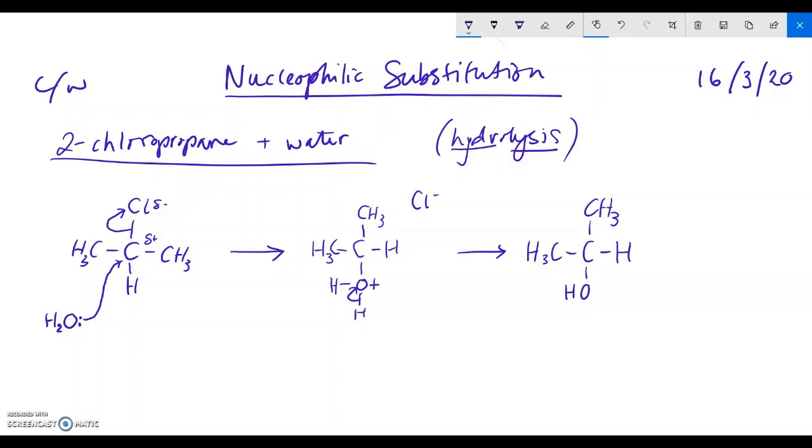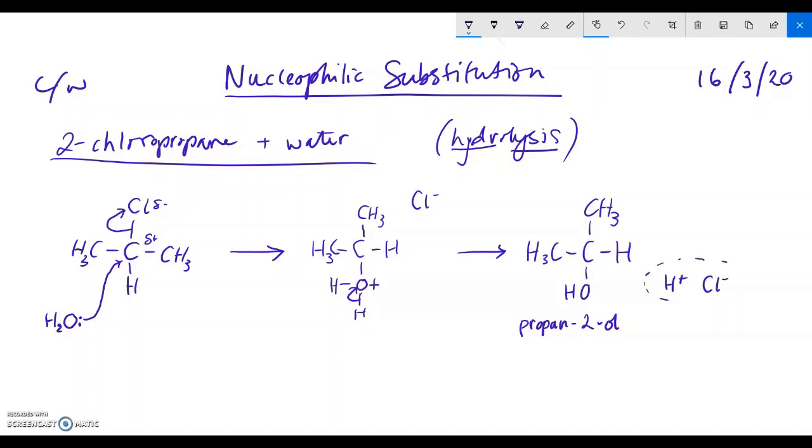Now you will note that just as for the reaction with hydroxide, our product is again an alcohol this time, because we started off with 2-chloropropane. This is going to be propan-2-ol. The side product, though, is different. We have lost a H plus from the water, and we've got Cl minus from the 2-chloropropane.